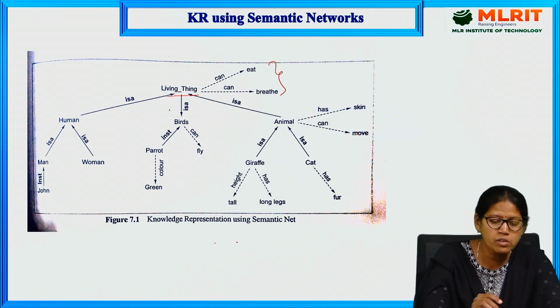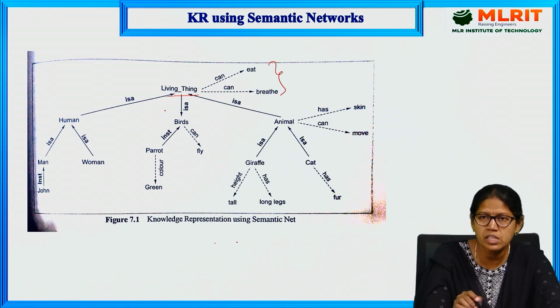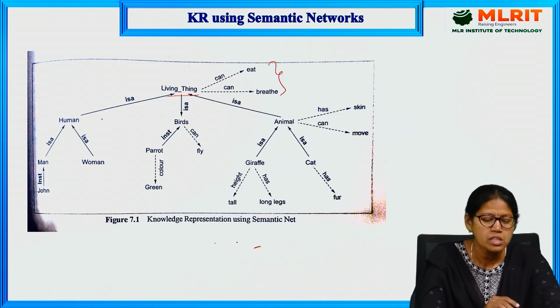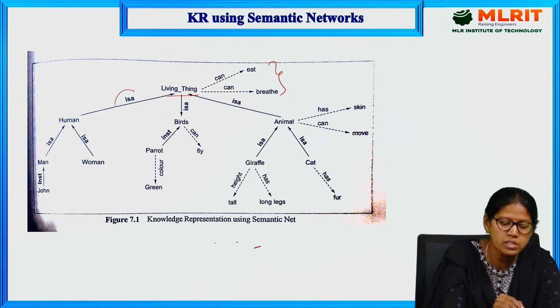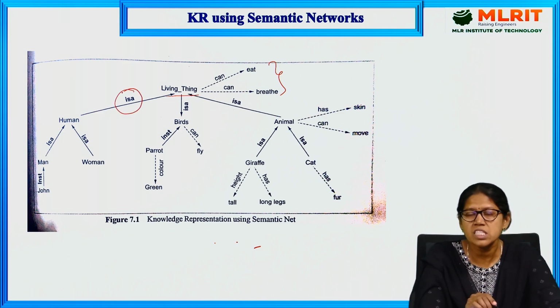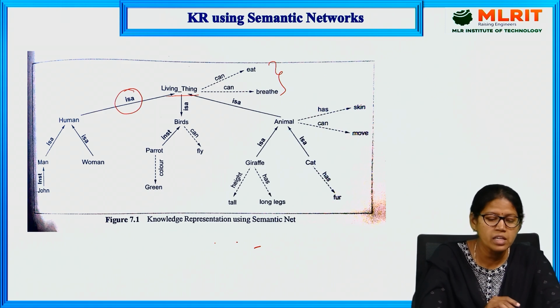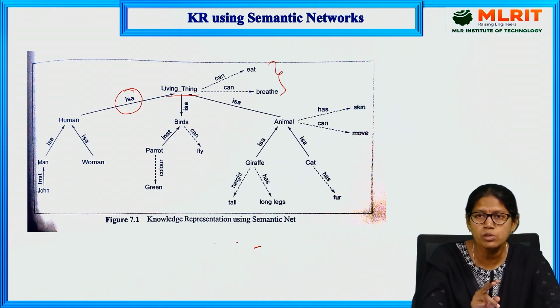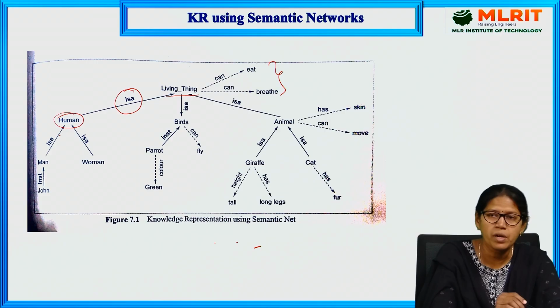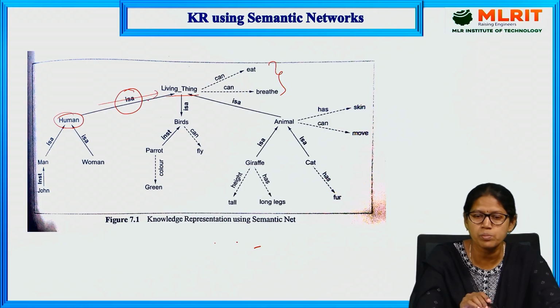If you observe, there are two types of arcs. One is a solid line, another is the dotted line. The solid line is represented with the ISA, which is nothing but the relation of the two concepts: one is a subconcept or subclass, another is the super concept or superclass.